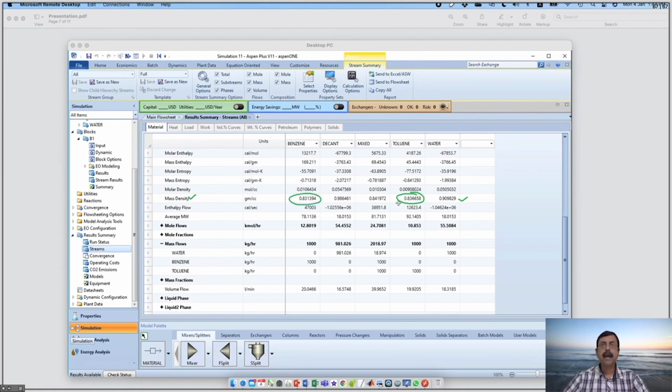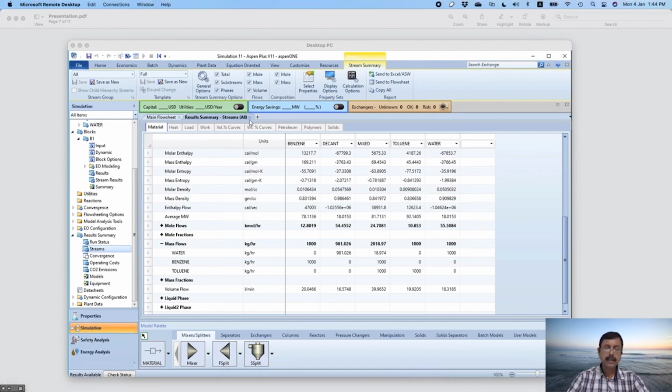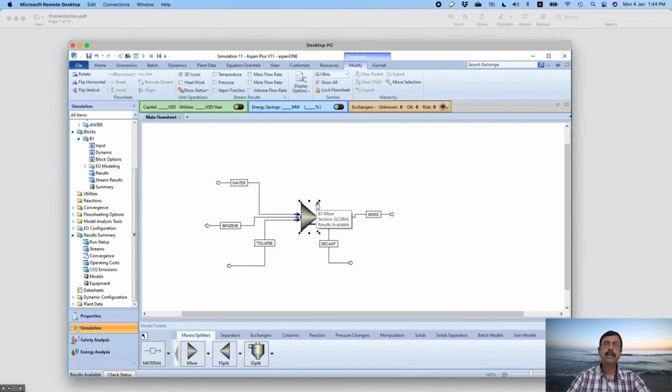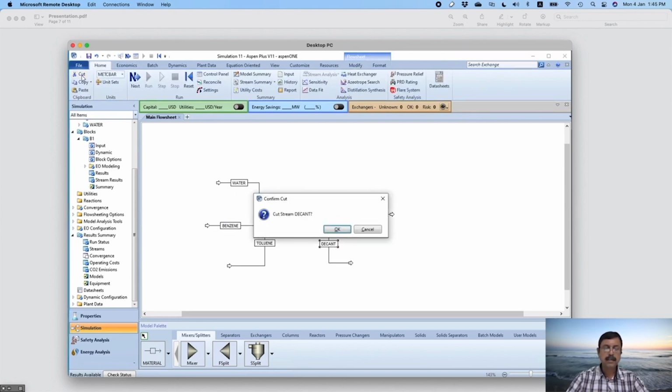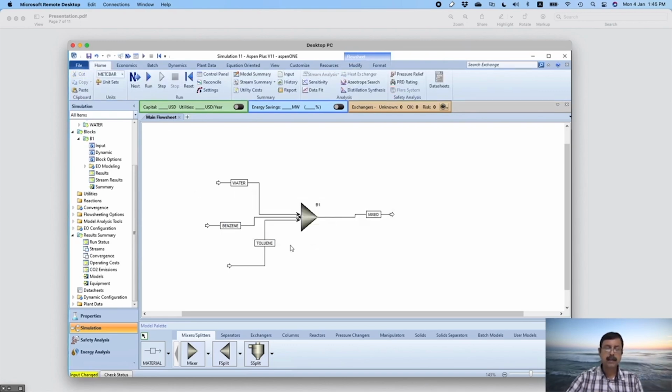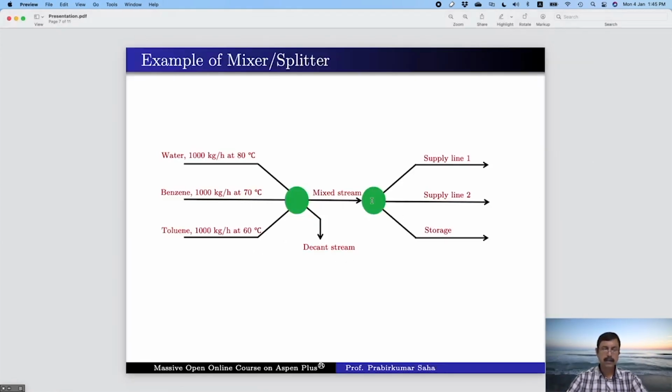They are lighter than water, so water is going down. Now we are done with the decant stream. Let us forget about the decant stream and delete it. The next problem we will do is about the splitter.